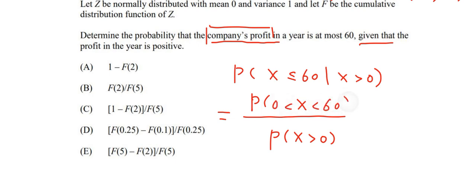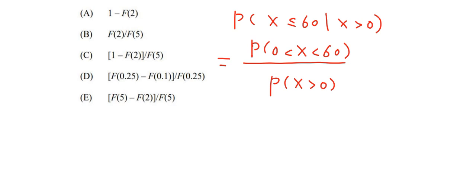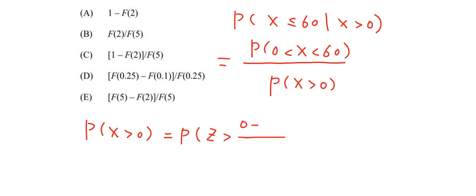So what is this probability? We need to change to standard normal. So P(x larger than 0) equals P(z larger than (0 minus mu) over sigma), where the mean is 100 and standard deviation is 20.